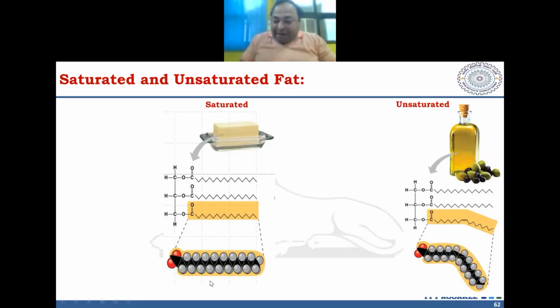Like here, it will create a bend. Because of that bending, it could not pack better, and because of its inability to pack better, it shows fluidity, that means high kinetic energy, so lowering the temperature doesn't usually make them solidified.